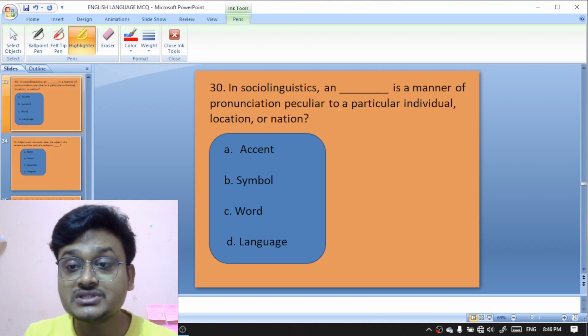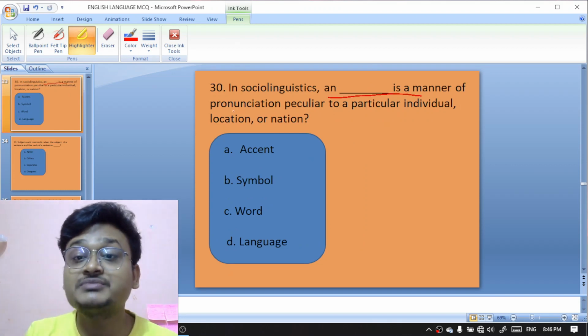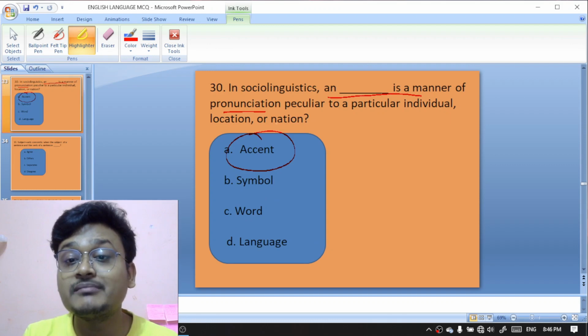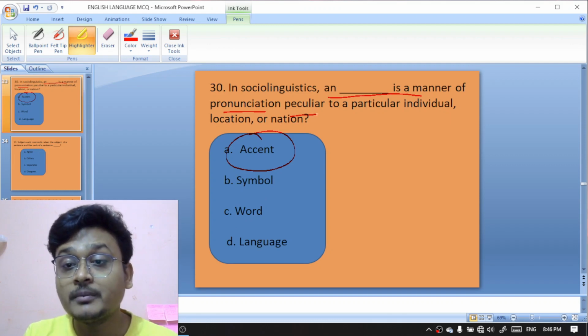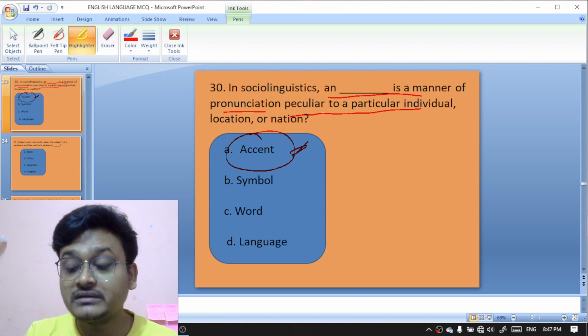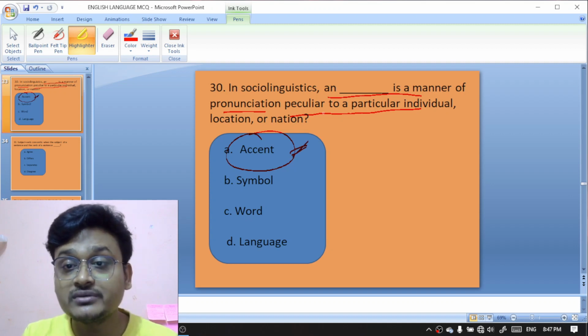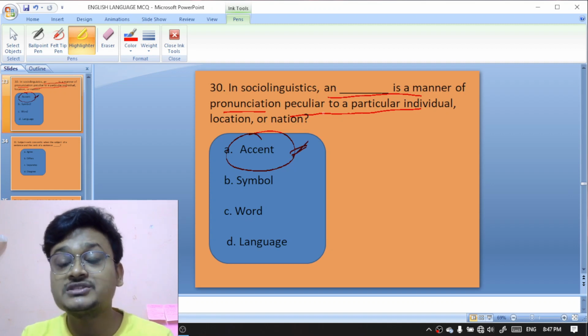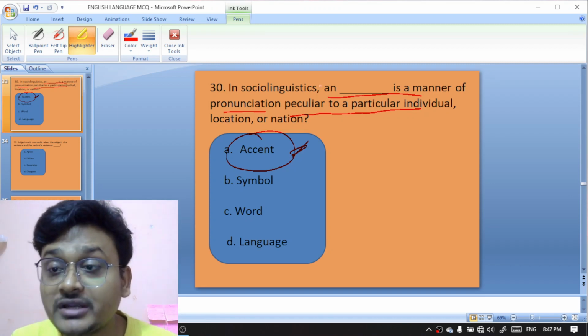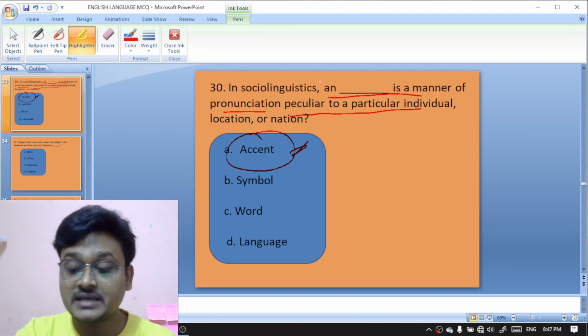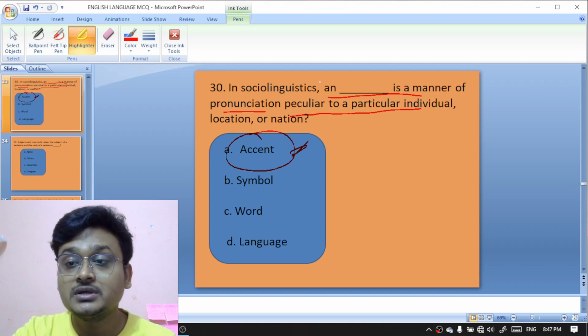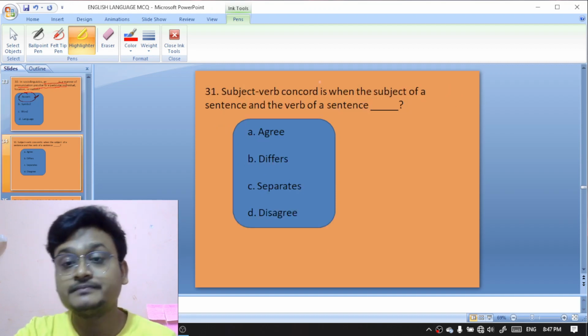In sociolinguistics, an accent is a manner of pronunciation peculiar to a particular individual, location, or a nation. Accent differs as per individual, location, and nation.